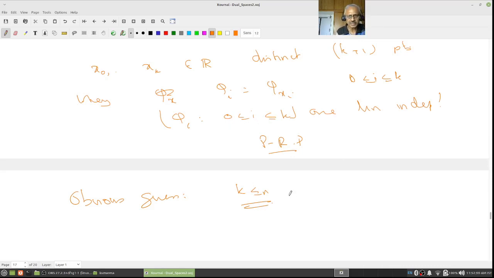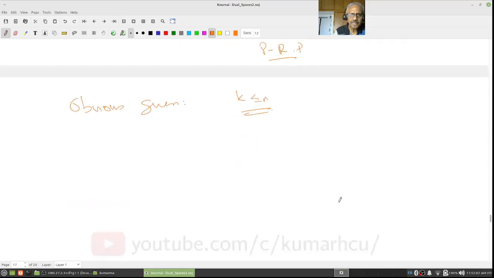Do you understand this? So I want to prove that. Assume k is less than or equal to n, and we want to prove that phi i, 0 less than or equal to i less than or equal to k, is a linearly independent set.